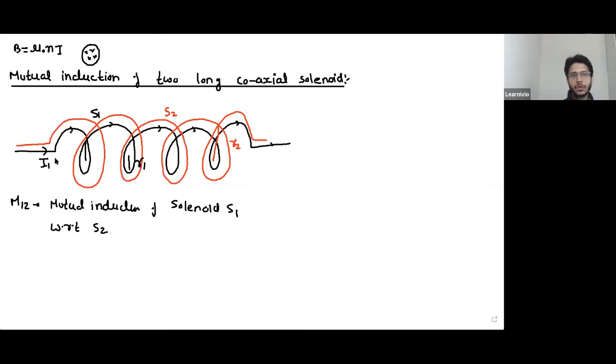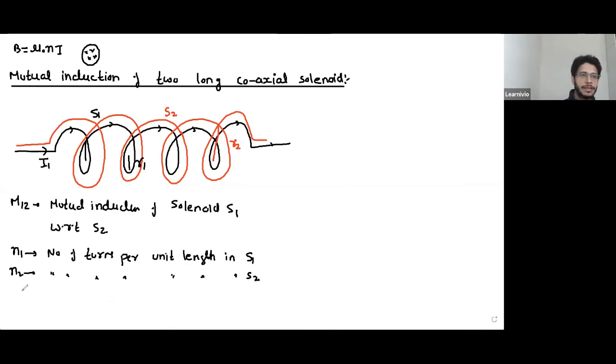So I'm passing current through solenoid 1, that's I1. EMF will be induced in solenoid 2, that's S2. Next, we have few terms like N1, number of turns per unit length in solenoid S1. Then you have N2, which is number of turns per unit length in solenoid S2. L is the length of both the solenoids, which is the same.